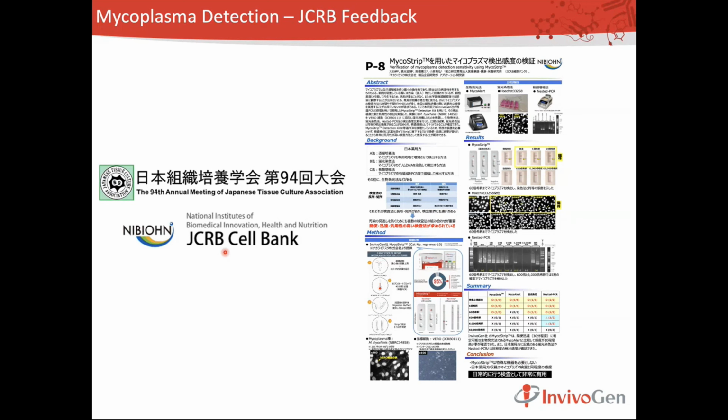JCRB Cell Bank helped us do some tests on the mycoplasma detection method, and then they presented the result at the annual meeting of the Japanese Tissue Culture Association. This is the original poster in Japanese, but I can walk you through what they found.